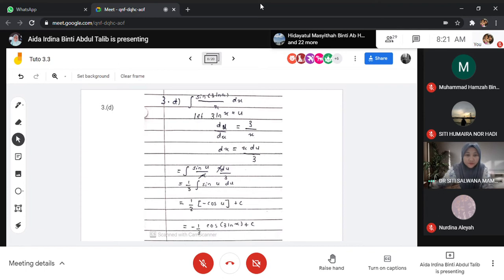Otherwise, you cancel like your friend did. Finally we integrate sin u du. The 1 over 3 you make it a coefficient at the front. Okay, this one is D.